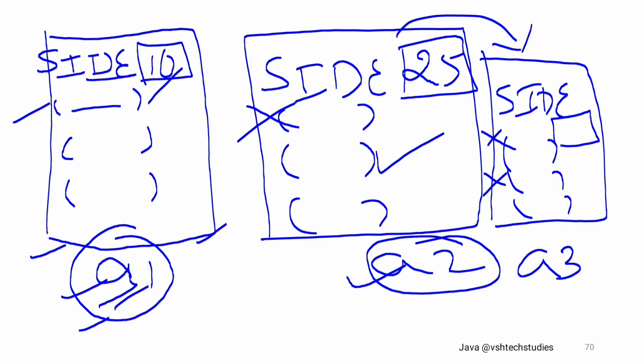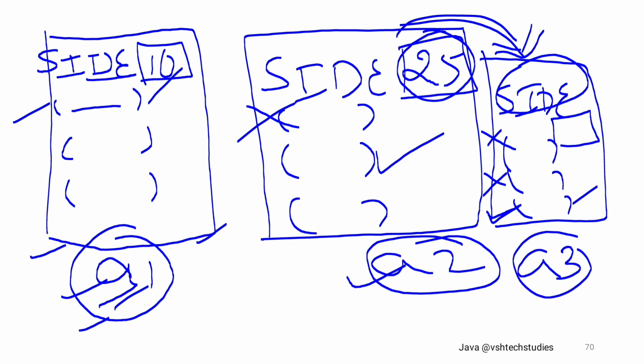The parameterized constructor is not executed, because we are passing an object here. This copy constructor is executed automatically. Hence, because the A2 object is passed here, the A2 side field value is 25, and that is assigned to the side field of A3. So 25 is assigned to the side field value of the A3 object.